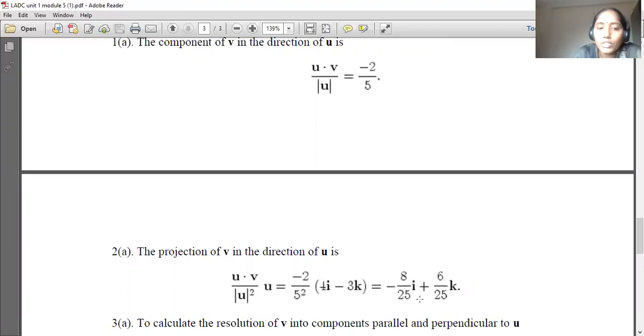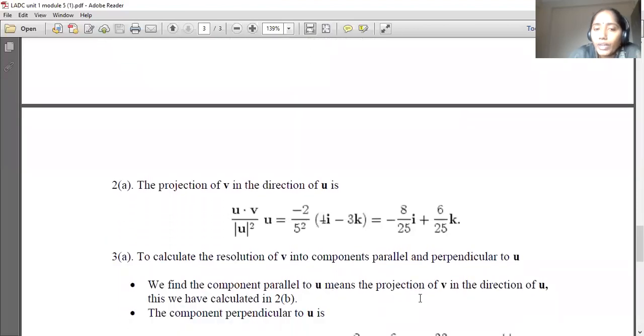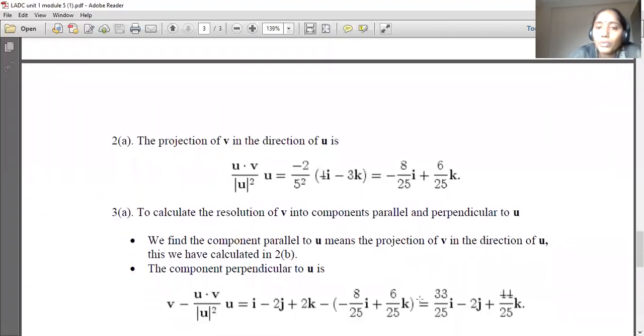Now the third question is to calculate the resolution of v into the components parallel and perpendicular to u. So the resolution of v into the component parallel to u is nothing but the vector projection of v in the direction of u.